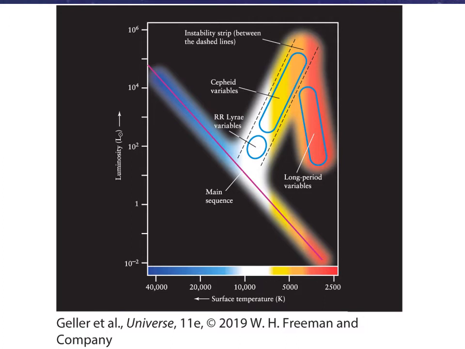Now, we talked about pulsating variables back when we were talking about the HR diagram, and I alluded to the fact that your book talks about this in a later chapter. Well, this is that later chapter, chapter 19, and it discusses the idea that stars in a certain region of the HR diagram tend to be unstable because they alternate between layers that expand and contract.